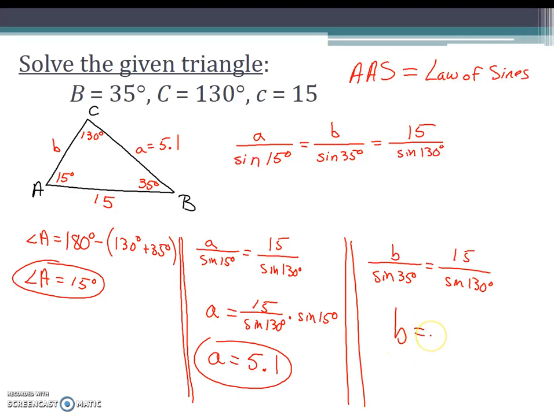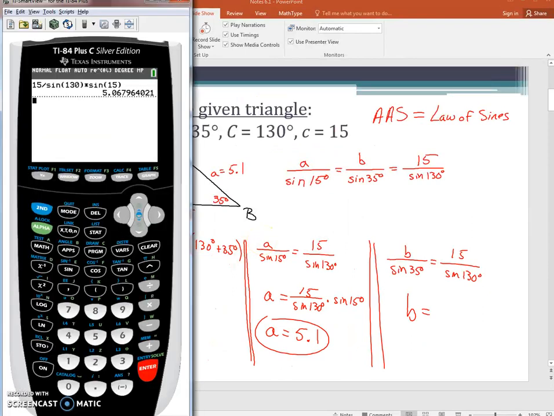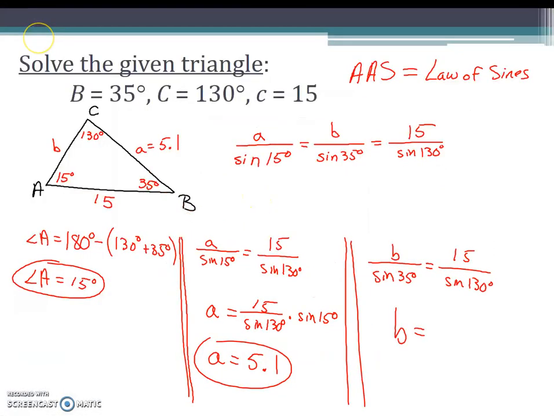So I'm going to do that directly on the calculator. We'll do 15 divided by sine of 130, same as before, but this time we'll multiply by the sine of 35. And hopefully we got our response. Yeah, 11.2. Seems pretty accurate to me. 11.2 for b.